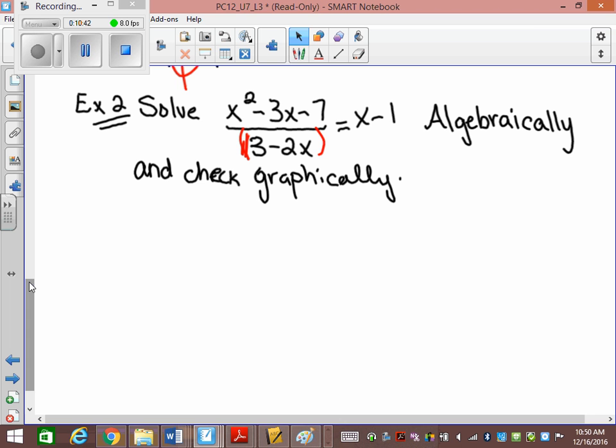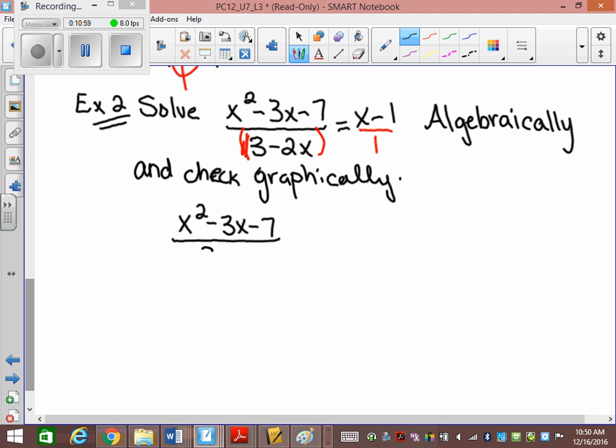So what common denominator do these two have? 3 minus 2x and 1. What's their common denominator? 3 minus 2x. So we're going to get x squared minus 3x minus 7 over 3 minus 2x equals x minus 1 over 1.